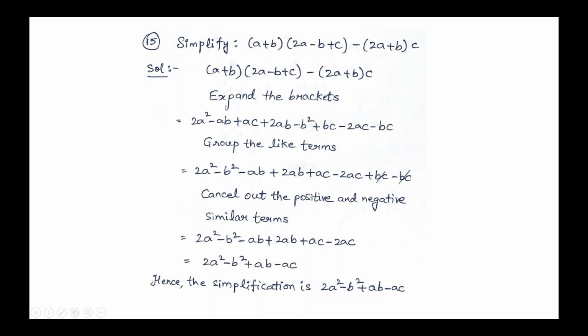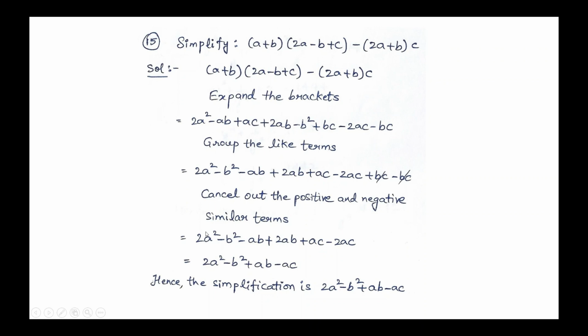Let's expand the brackets and write 2a² − ab + ac + 2ab − b² + bc − 2ac − bc. Group the like terms and write 2a² − b² − ab + 2ab + ac − 2ac + bc − bc. Cancel out the positive and negative similar terms which are plus bc and minus bc.